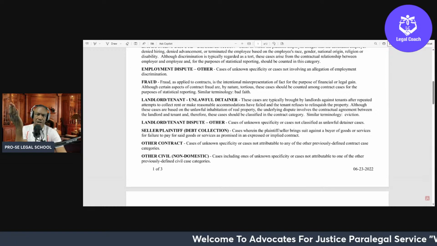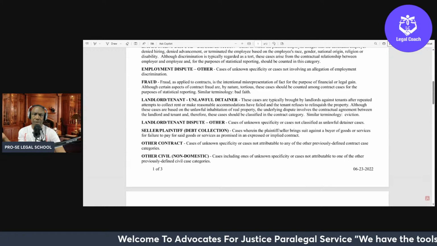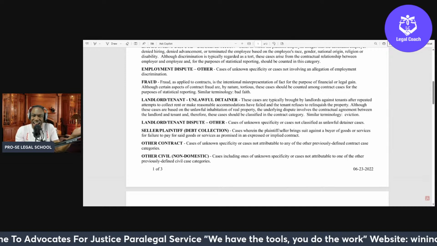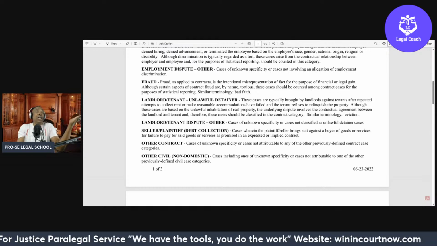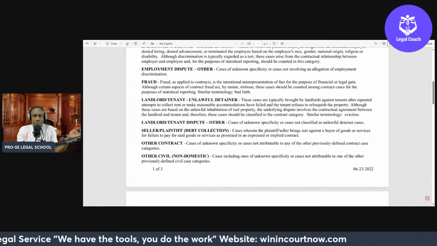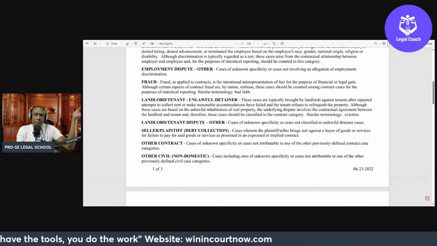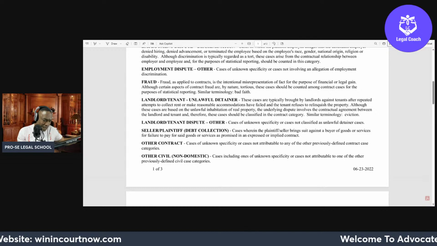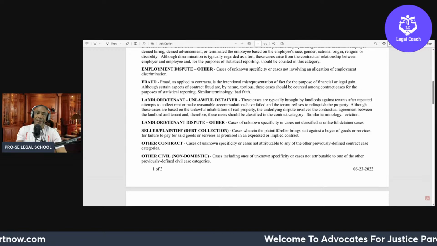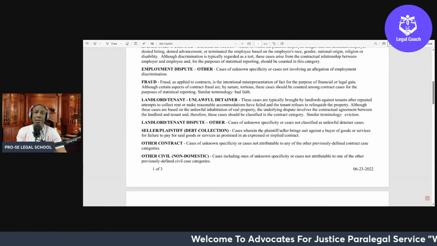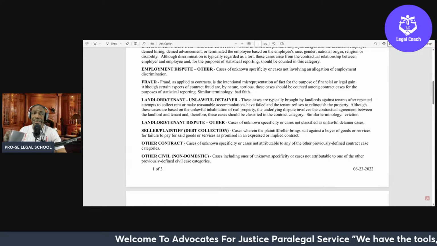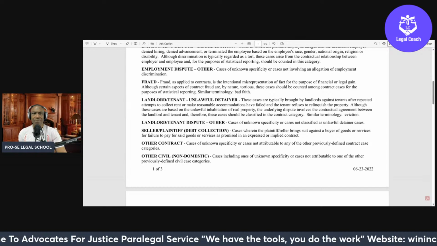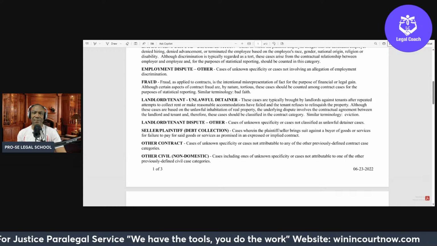Why does it have to be seller plaintiff? Can it be plaintiff against the seller? I don't know. I'm not as smart as these people, but I can read barely. Seller plaintiff. Okay, here's one.